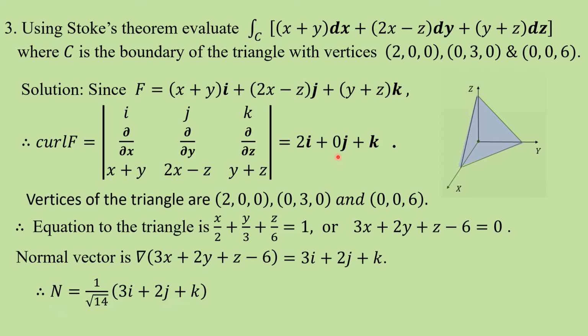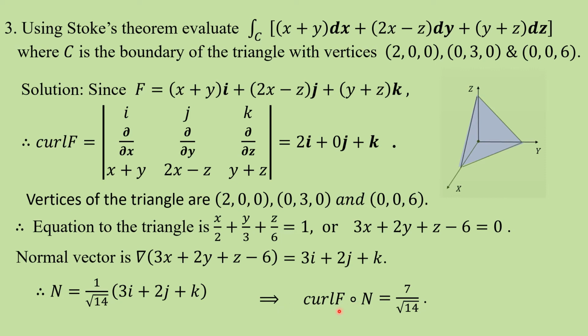Now I get curl F dot n, which is the dot product between these two vectors: (2i + 0j + k) dot (1/root 14)(3i + 2j + k). 1/root 14 is common, so you can just take the dot product of these two vectors, that is a dot b = a1b1 + a2b2 + a3b3, the sum of the products of components. 2 into 3 is 6, plus 0 into 2 is 0, plus 1 into 1 is 1. 6 + 1 = 7, so 7/root 14 is the answer.